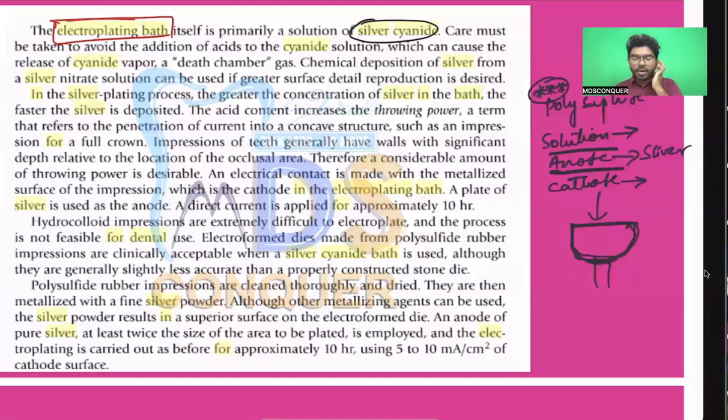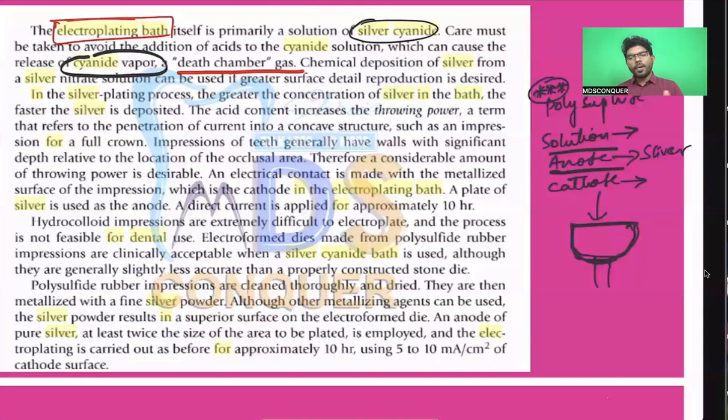Now, a few terms I want to add. One is the depth chamber gas. Because silver cyanide is present, there may be a release of cyanide vapors. Because of the release of cyanide vapors, this chamber is called the depth chamber. As you know, where should the deposition occur, cathode or anode?